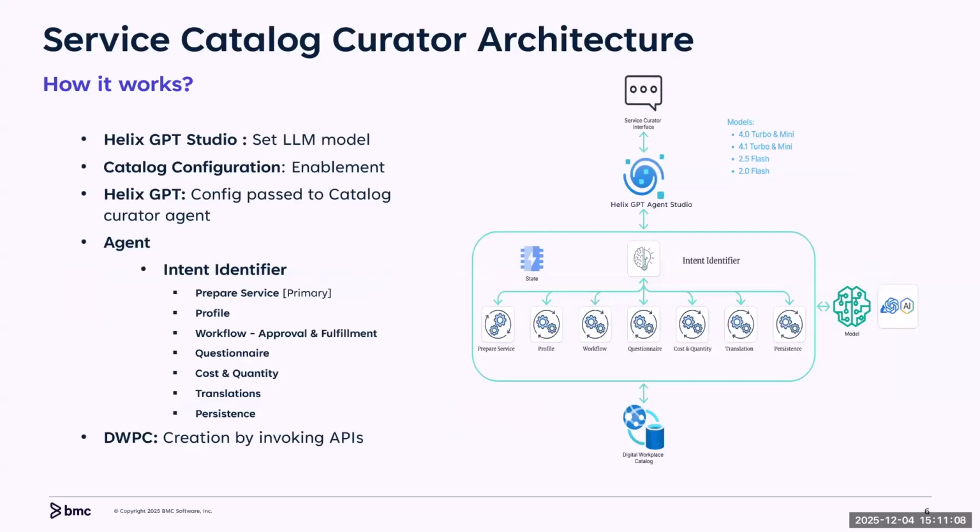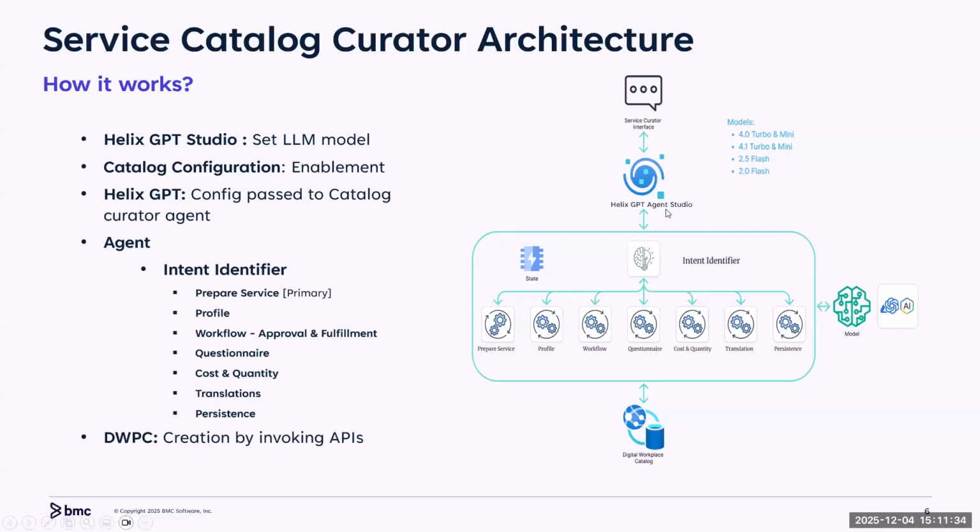Before moving forward to the configuration, I would like to speak a little about the architecture. Very simple. We have our LLM model. This LLM model is connecting with our HelixGPT Agent Studio, and it is creating my service in the catalog by invoking APIs. That is the way it is working.